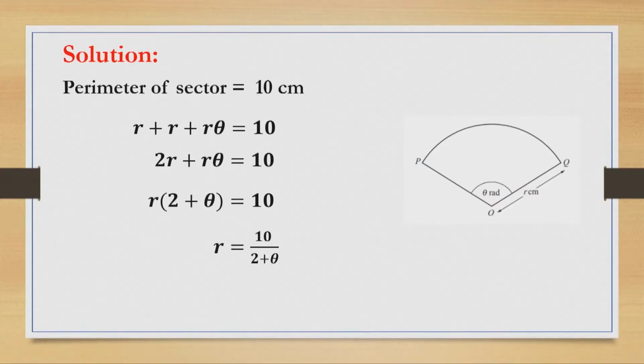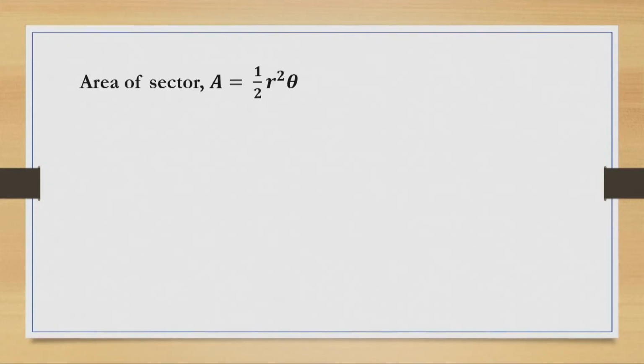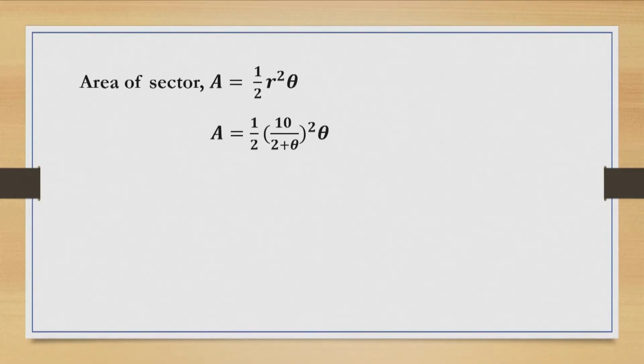Now, I need to find the area of the sector. So the formula for area of sector is half R square theta. And I replace the expression which I had obtained for R into half R square theta.